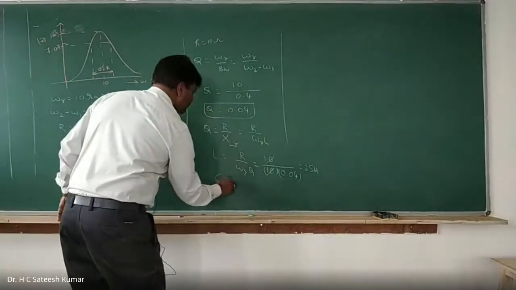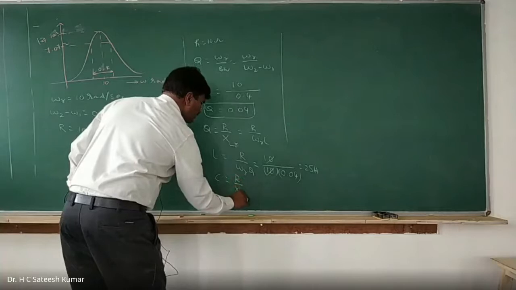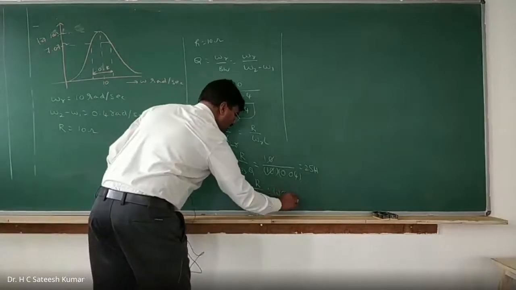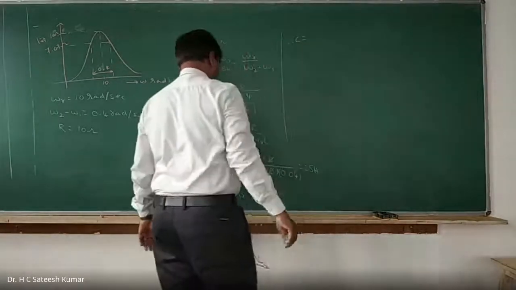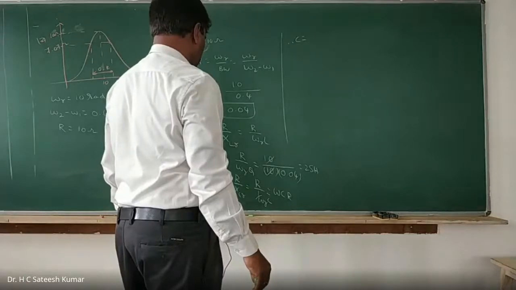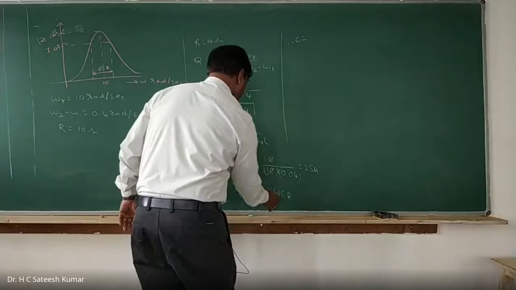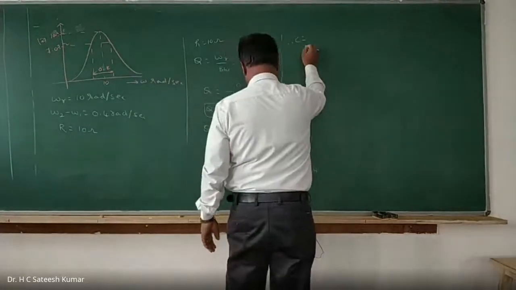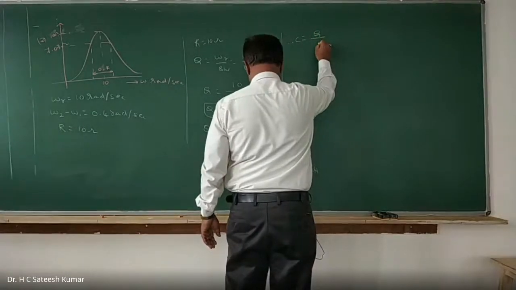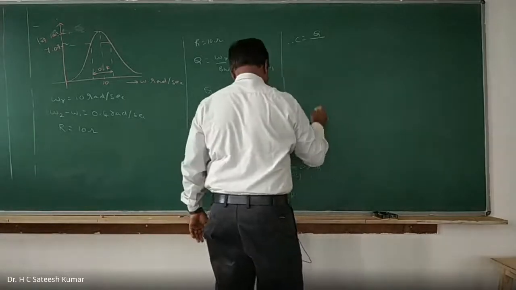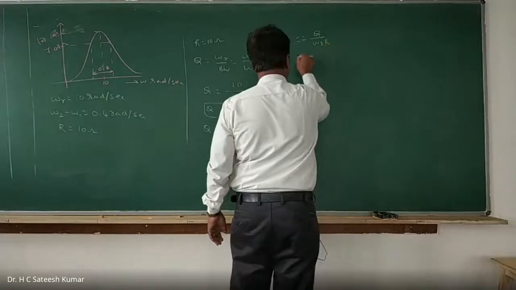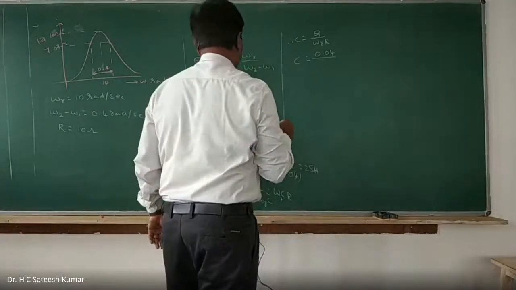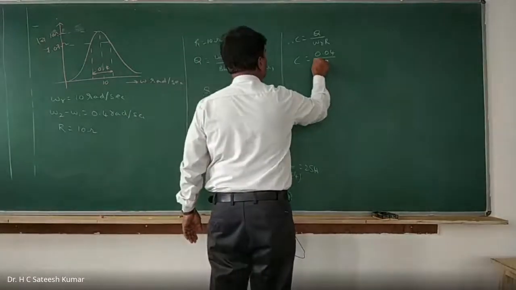C is equal to R by XCR, which is nothing but R divided by 1 divided by omega R into C. Therefore, Q is equal to omega R into C into R, so C is equal to Q divided by omega R into R. Q is 0.04, divided by omega R, which is 10, into R, which is 10.